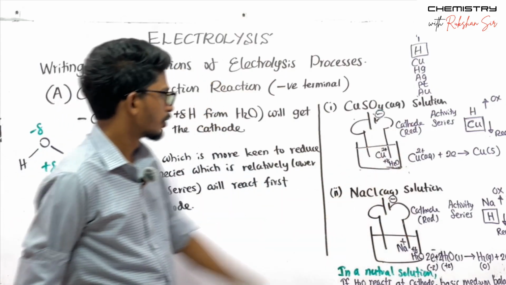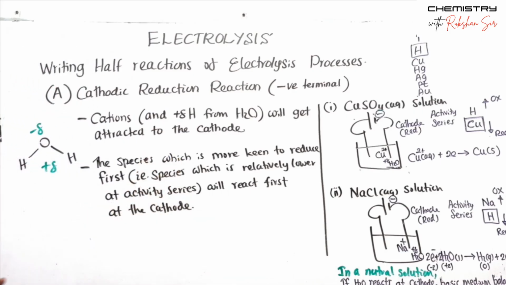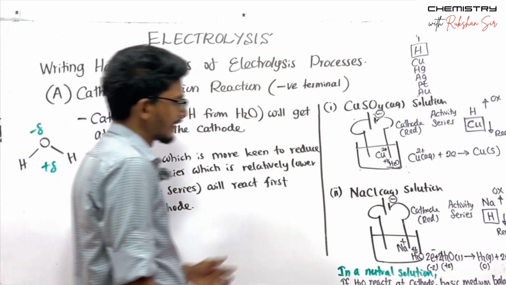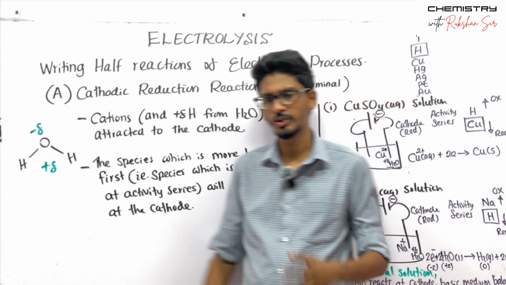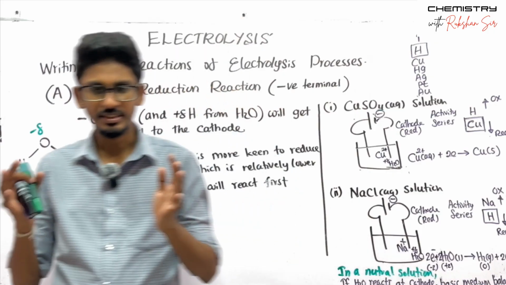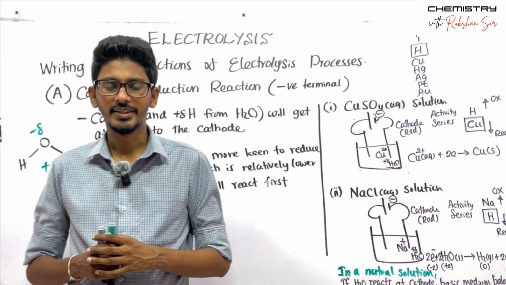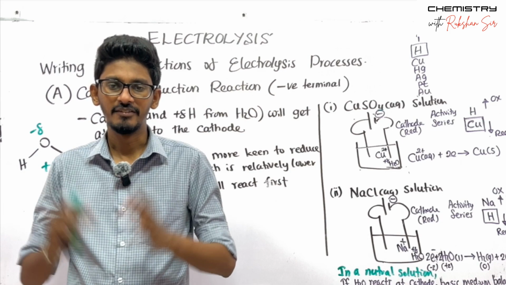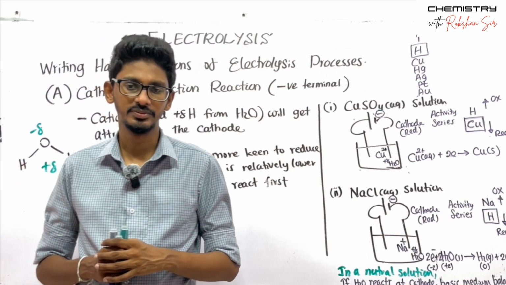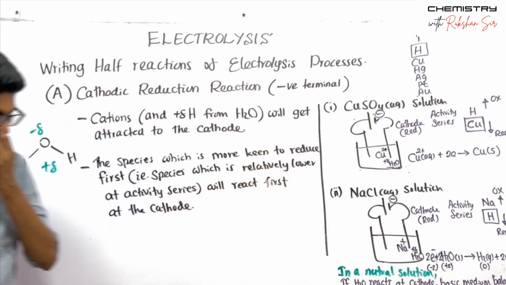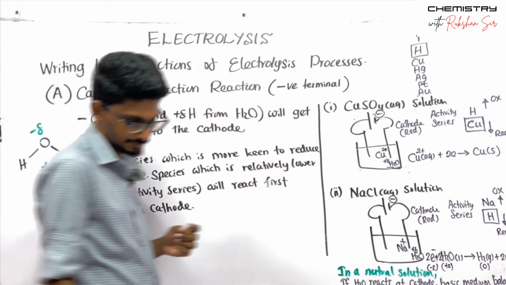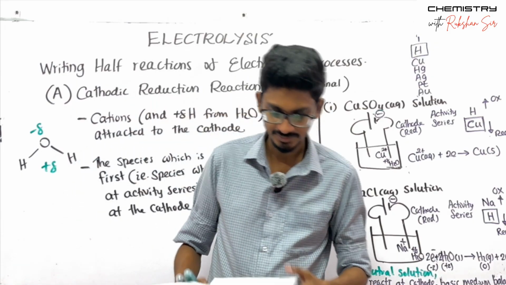So now we know how to select which species will react first. We now know which species will approach the cathode and which one will react first at the cathode. The idea is clear. Those things are written in your notes.